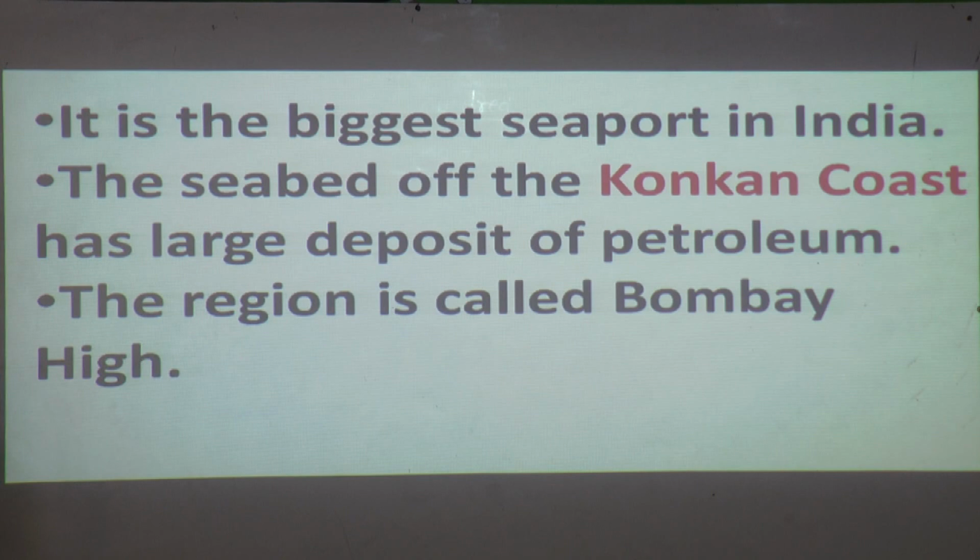Motorcycles, cars, all different types of vehicles run through petrol. We get that petroleum from underwater. Off the Konkan coast we have a large deposit of petroleum. So this region is also called Bombay High.